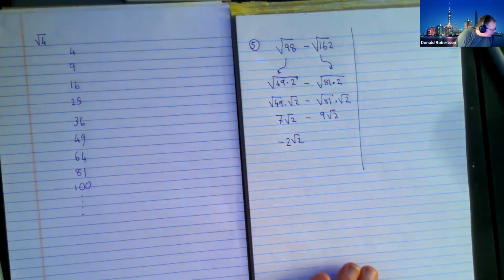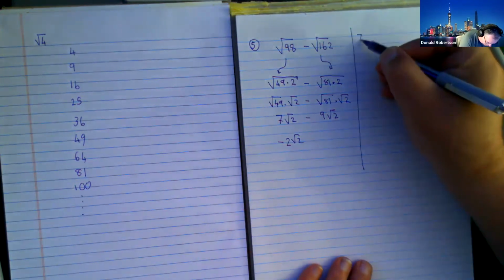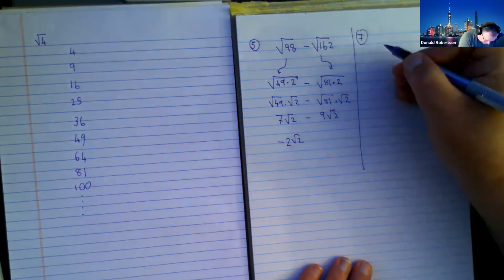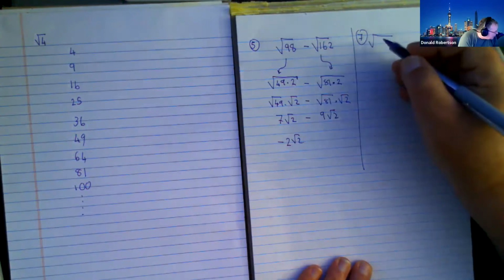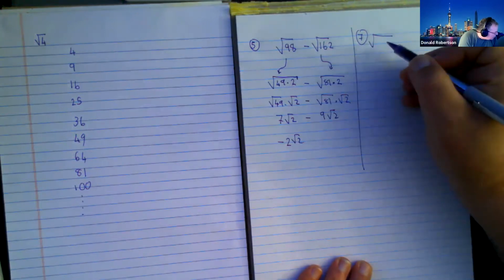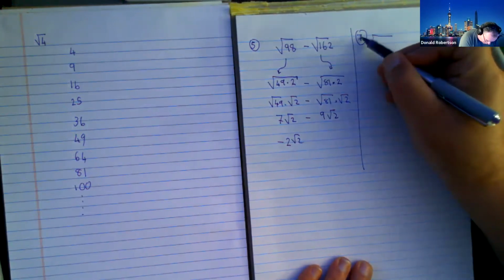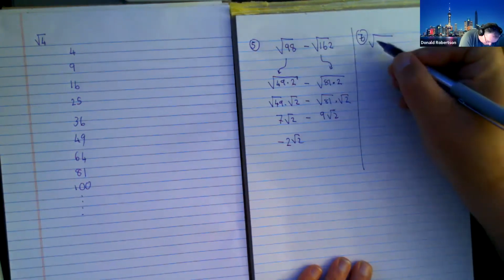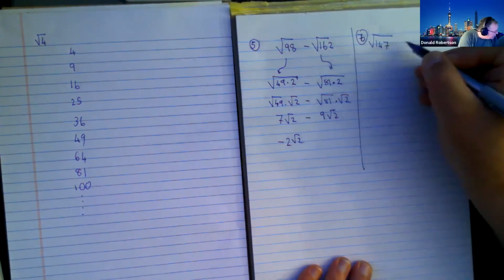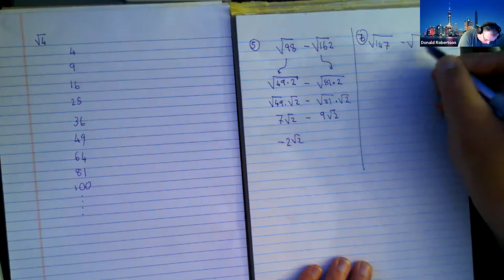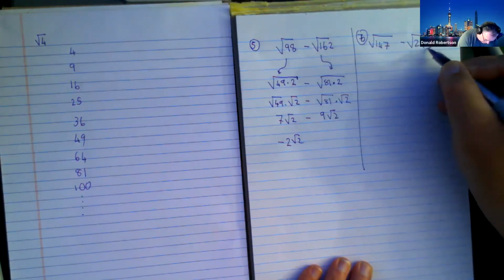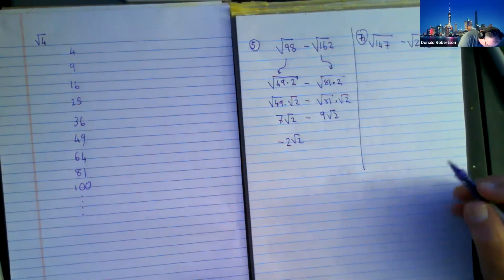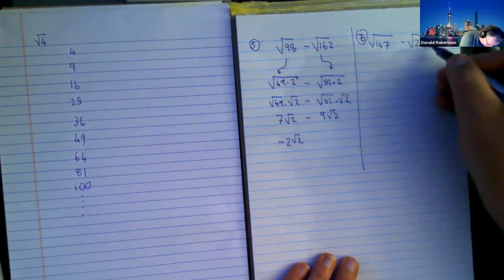So if you were given a question, like question 6, where you're being asked to combine the square root of 147 take away the square root of 243, we need to convert these into simpler square roots.